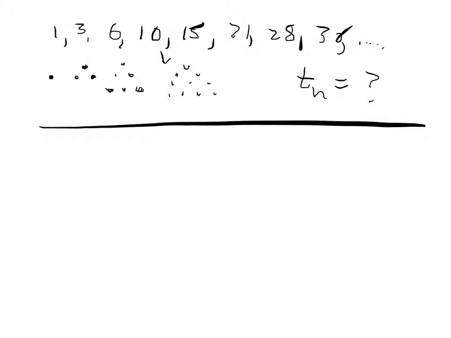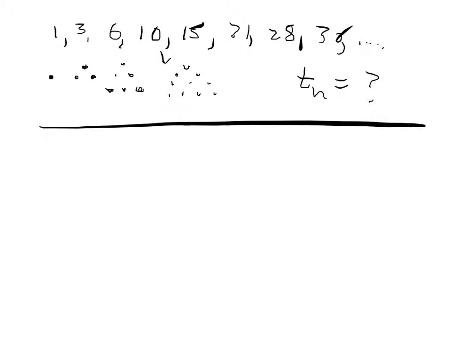So what can I do here? Well, first thing, I might want to write this a little differently. From looking at the actual triangles, I saw that I've added each time the number of dots that's in the place where I am, in the fourth position here, the nth position. I've added 4, or n, dots.